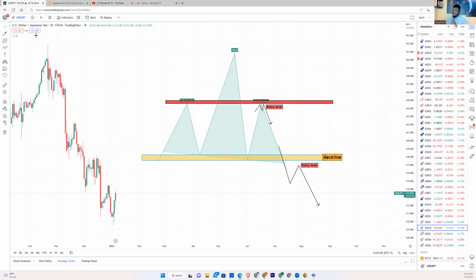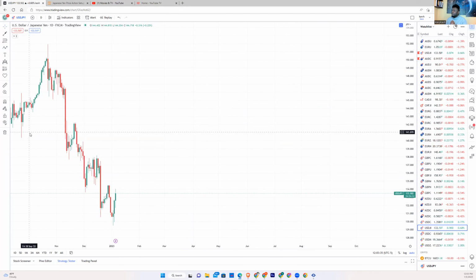But if this market violates and breaks above the entry level, the resistance level, then it's no longer a place for you to sell. It's already violated the head and shoulders. Would you buy there? Would you sell there? Definitely not.